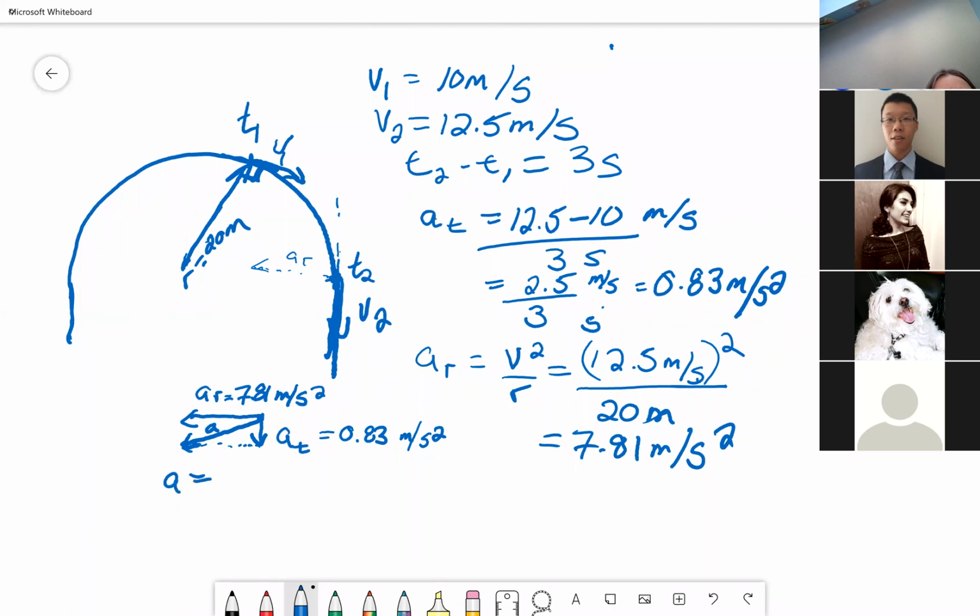So A is going to be the square root of 7.81 meters per second squared, squared, plus 0.83 meters per second squared, squared. And the square root of it is 7.86. And again, there could be round off in there.